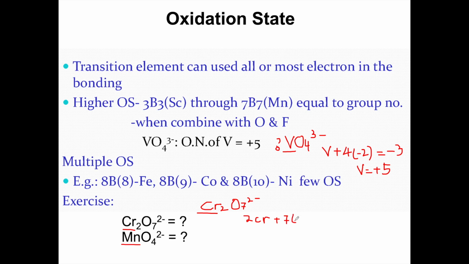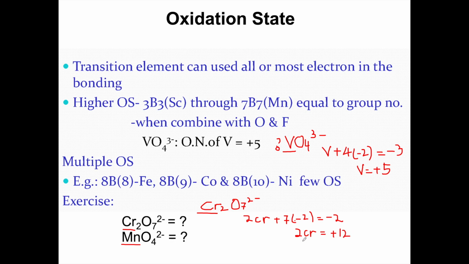So 7 oxygen, 7 times -2, and then the overall charge for the whole ion here is -2. So the 2 chromium together give positive 12.